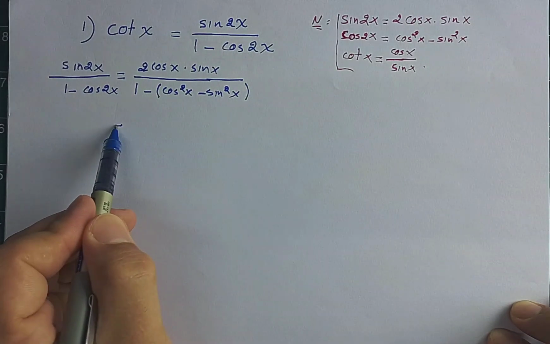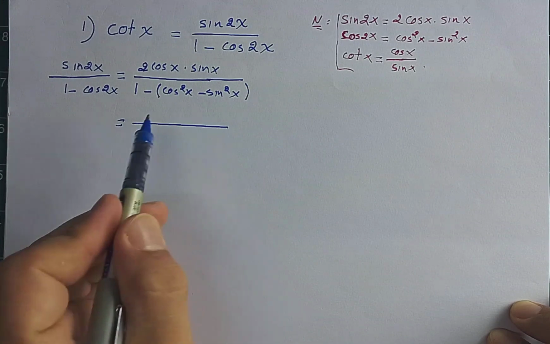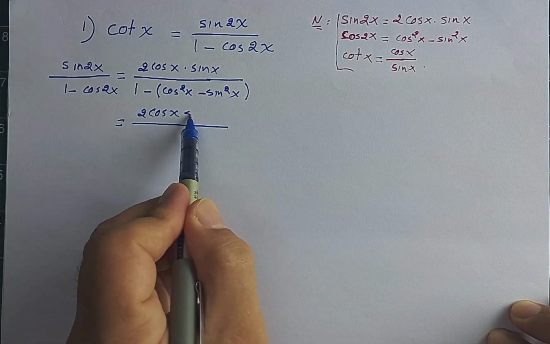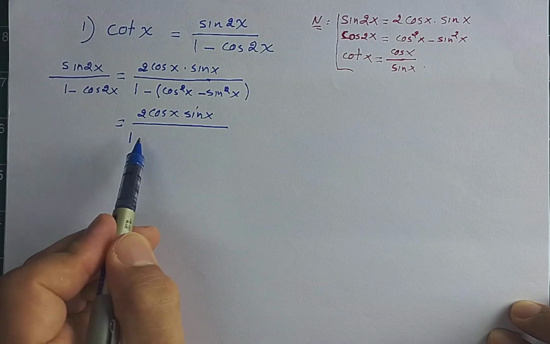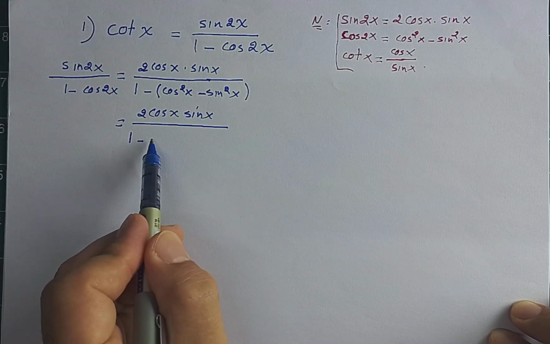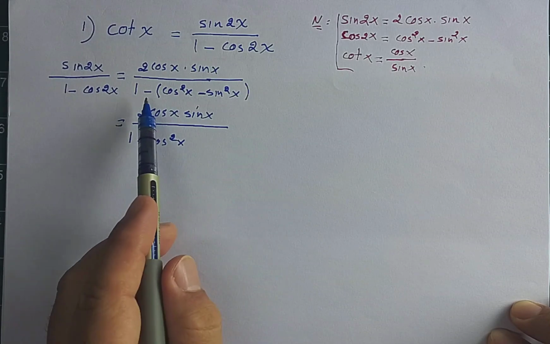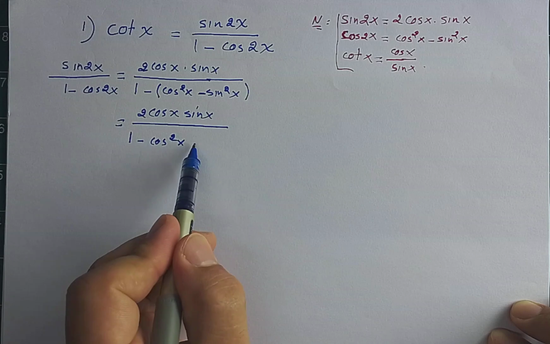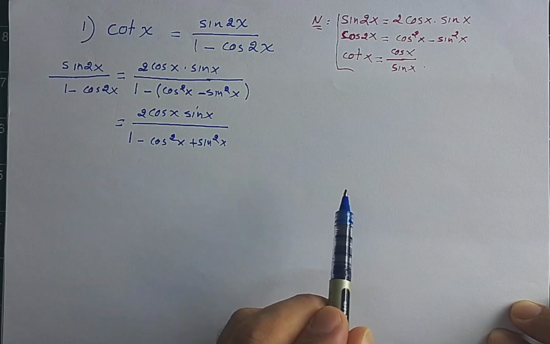Okay, so here I delete the bracket. It will be 2 cosine x, the same thing in the numerator, but the denominator changed: cosine square x. We have the minus before the bracket, so I change the sign here. It will be plus sine square x.